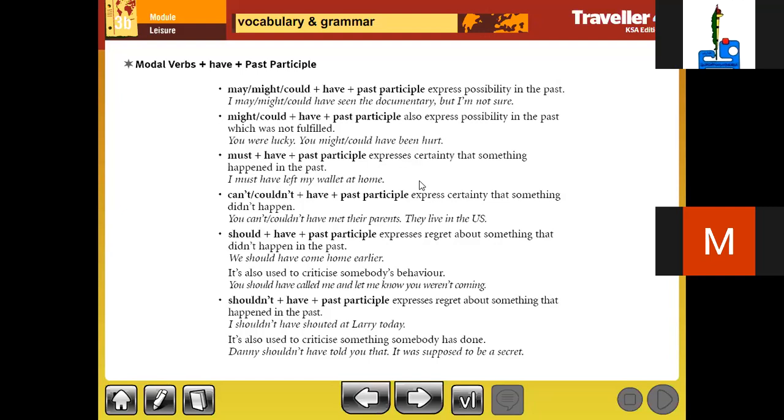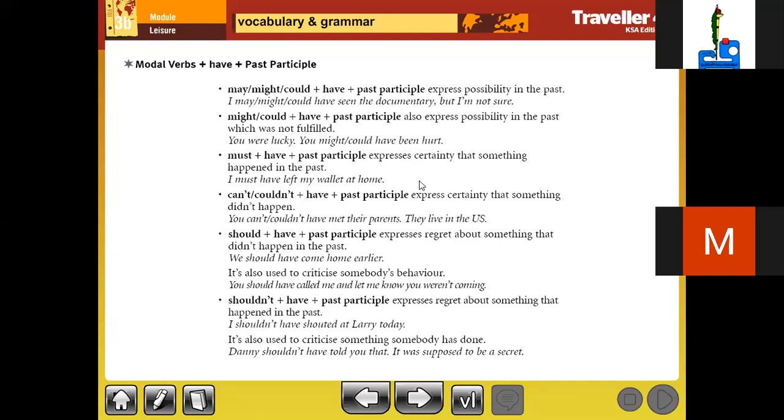I am sure that this happened. So we use must plus have plus past participle when we want to make positive deduction about the past. We are almost sure that something happened. احنا متأكدين تماما إن الحاجة دي حصلت في الماضي. We use must plus have plus past participle of the verb.